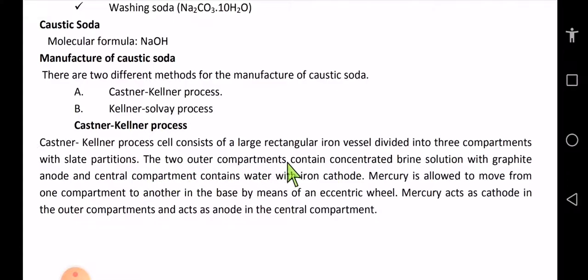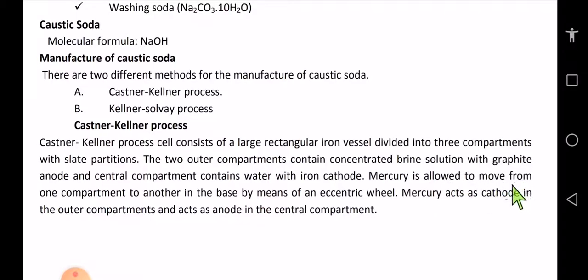The 2 outer compartments contain concentrated brine solution, that is concentrated NaCl solution, with a graphite anode in each outer compartment, and the central compartment contains initially water and an iron cathode.